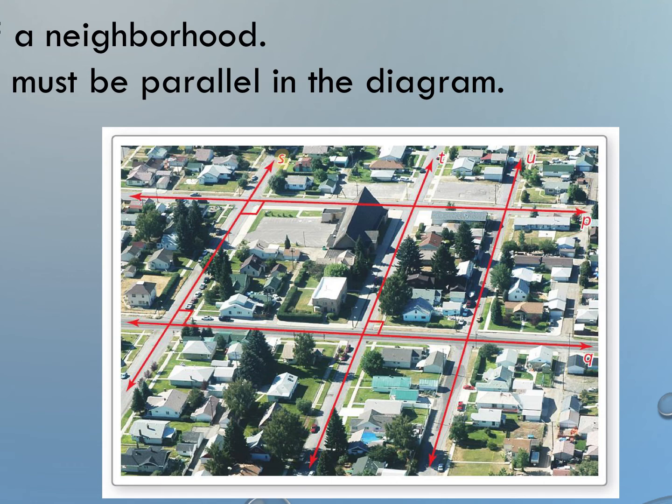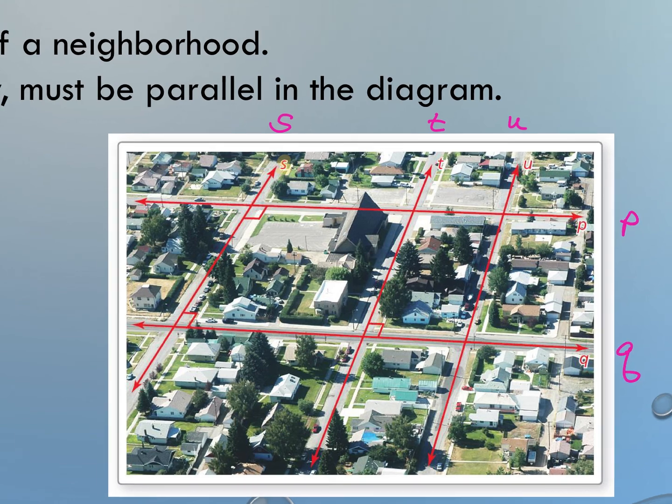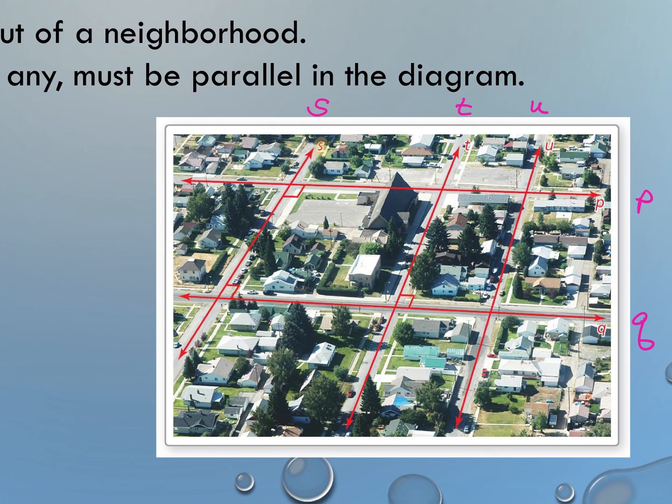Line S is here. Line T is here. U is here. This is line P and line Q. They want us to determine which lines, if any, must be parallel in the diagram.